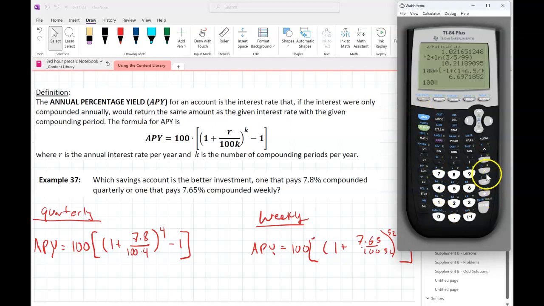So let's go ahead and just bang this through on the calculator then. So the first one is about an 8.03% yield.